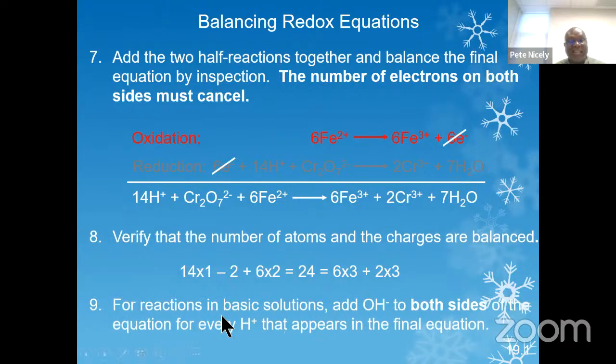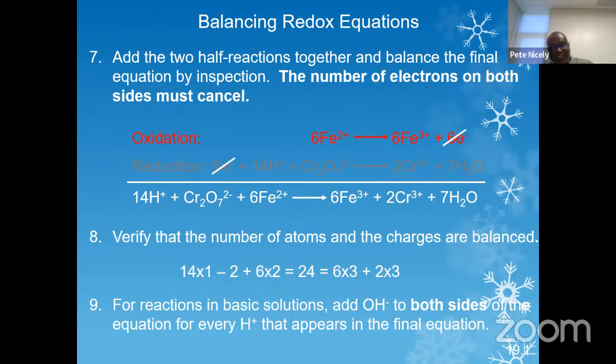Now, this last line we won't be concentrating on in this course, right? What this last line, step 9, is saying is that for reactions in basic solutions, we add OH minus to both sides of the equation for every hydrogen ion that appears in the final equation. We won't be doing that. In other words, all the redox balancing that we'll be doing will be focused on acidic solutions.